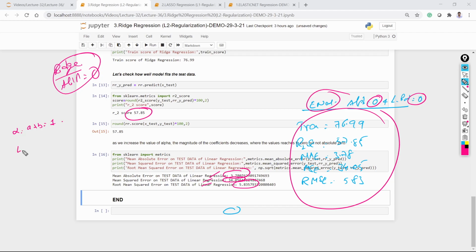The L1 ratio means a by a plus b, so a is equal to 1 and b is equal to 0. In this situation the L1 ratio will be 1, which means alpha is equal to 1 and L1 ratio is equal to 1, which is nothing but the lasso. And alpha is equal to 0 and L1 ratio is equal to 0 is nothing but the ridge regression.